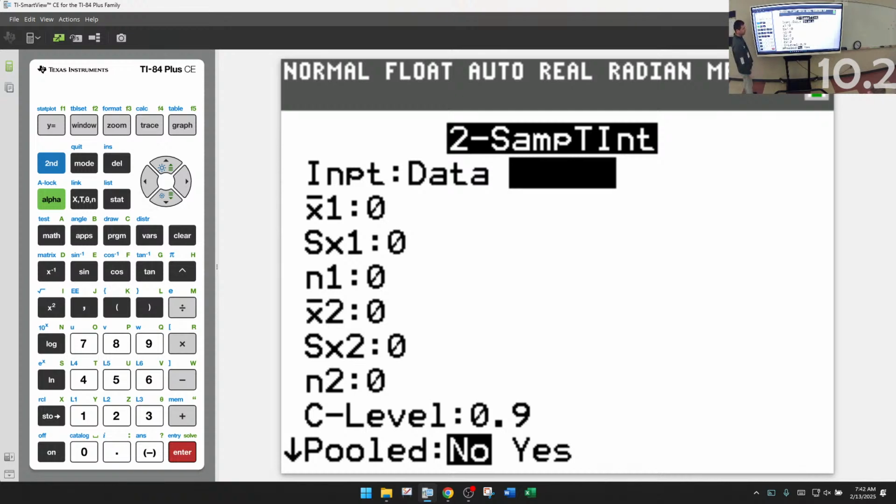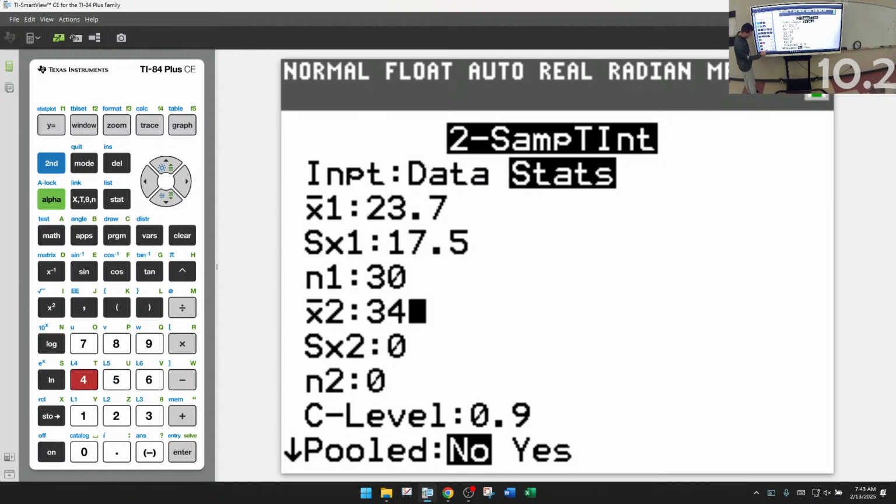So X bar 1 is 23.7, the standard deviation is 17.5, and n is 30. X bar 2 is 34.5, the standard deviation is 14.26, and n is 30.